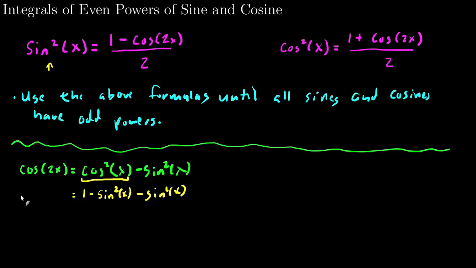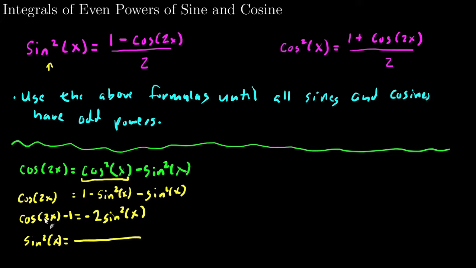That will equal cosine of 2x. I'll subtract 1 and combine like terms, so I get cosine of 2x minus 1 equals negative 2 sine squared x. And if I divide both sides by negative 2, I'll get sine squared x equals, and divided by the negative 2, change this cosine minus 1 to positive 1 minus cosine of 2x all over 2.